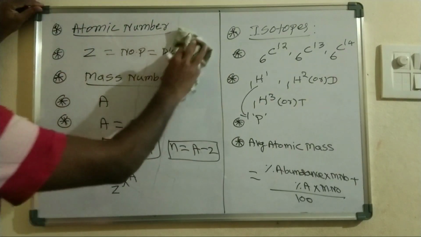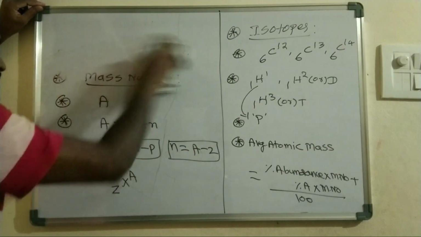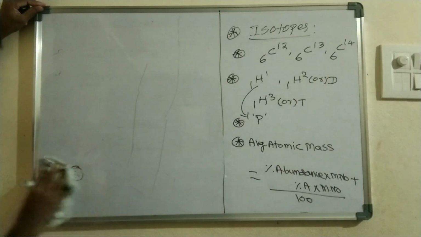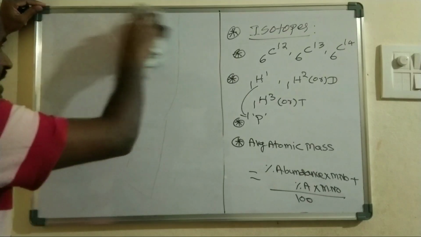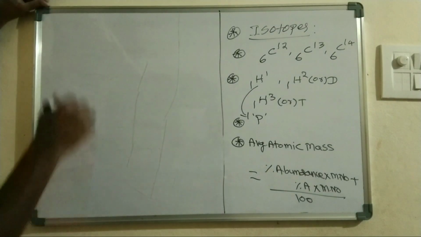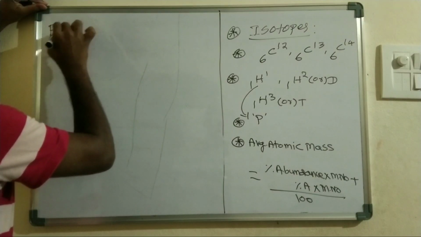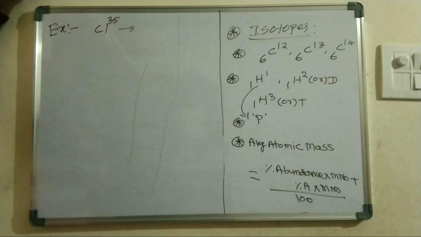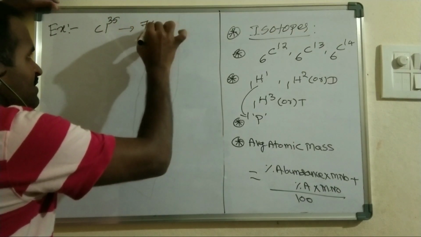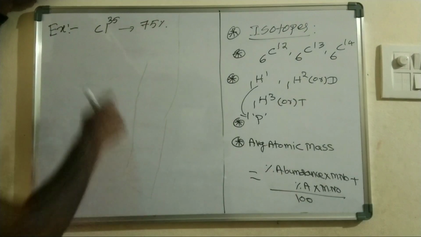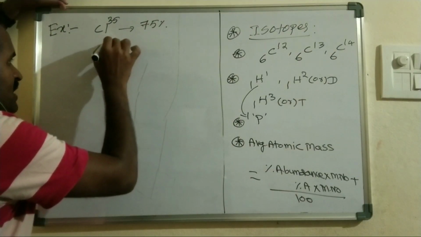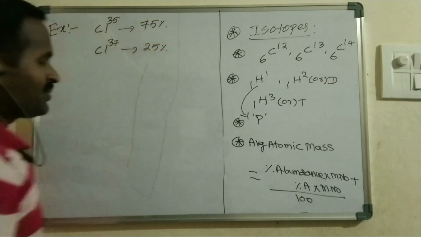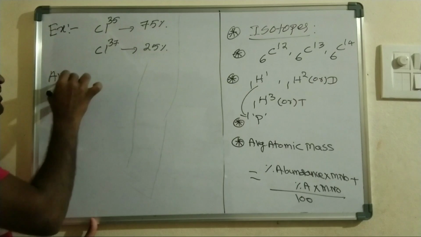To understand this, I am giving one example here. Chlorine is mainly available in two different forms: chlorine 35 and chlorine 37, right? Suppose chlorine 35 isotope is available in 75%, and chlorine 37 isotope is available in 25%, and I will find its average atomic mass.